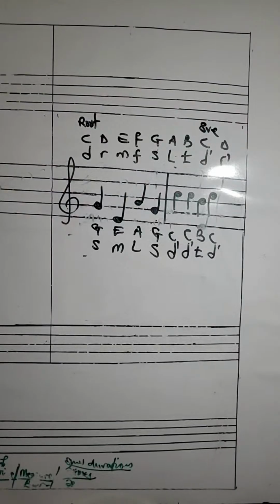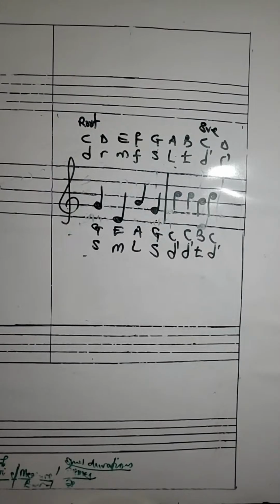Now we've established that our C can be on the first ledger line below the treble staff, or in the third space of the treble staff, or you can also find it on the second ledger line above the treble staff.